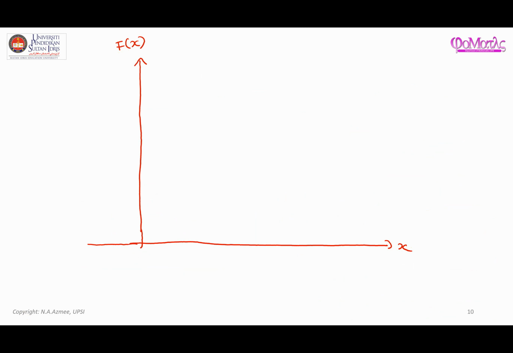Here we've got the y-axis, this is F, and maybe this is our x. This is 0, and we have values such as 1, 2, 3, 4, and that's all, I guess. Maybe you can write 5 and so on, it doesn't matter.